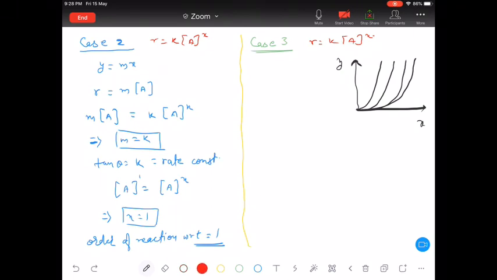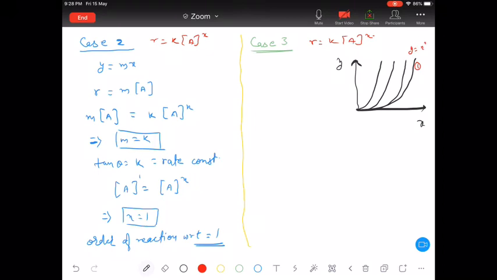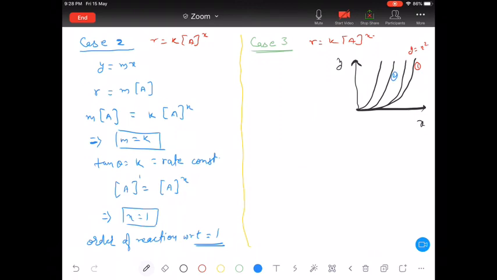First one, y is equal to x square. Second one, y is equal to x cube. These curves will be like this manner only.